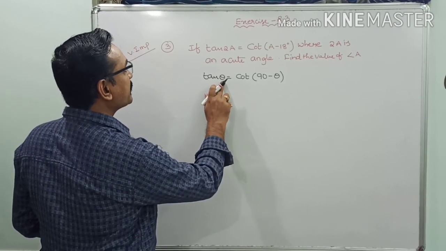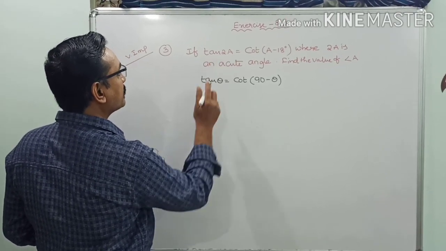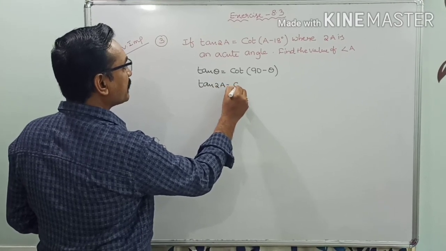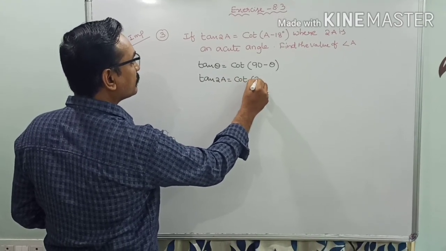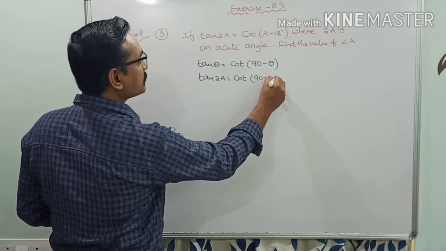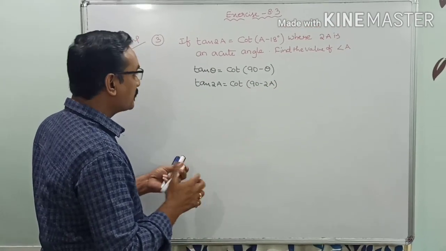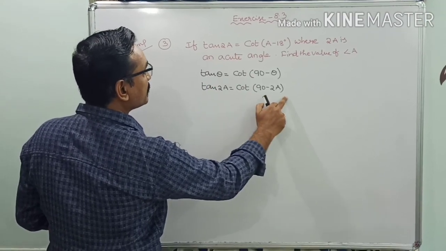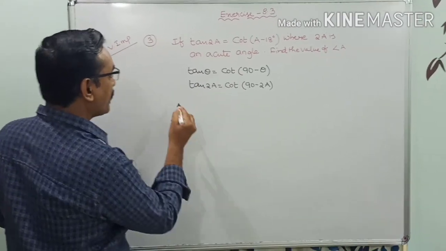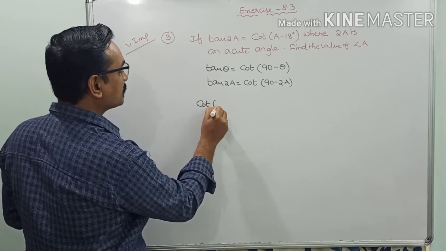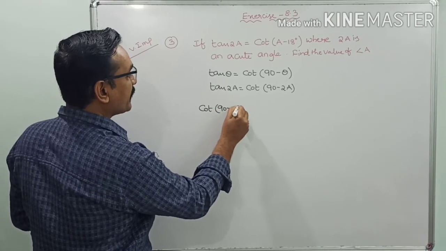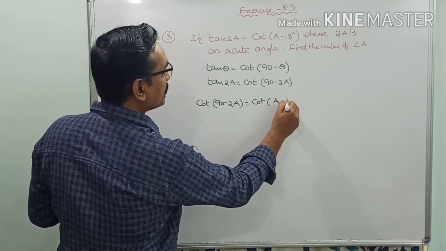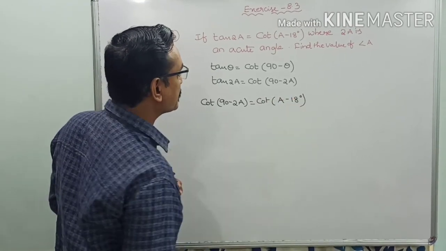Now instead of theta we have 2A, so tan 2A we can write as cot of (90 minus 2A). Replacing tan 2A with cot of (90 minus 2A), we get cot of (90 minus 2A) equals cot of (A minus 18 degrees).